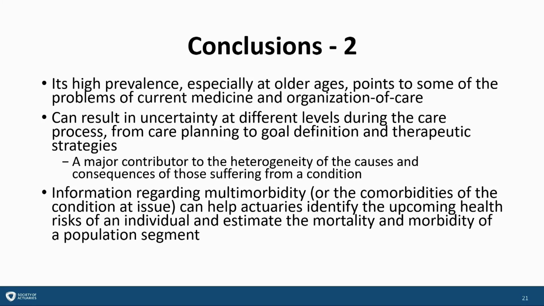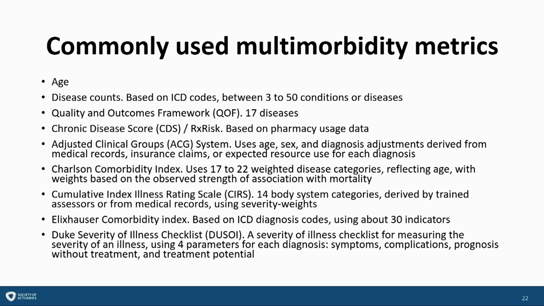But information regarding multimorbidities, I think, in the future can help actuaries identify the upcoming health risks of population segments. Here's just a listing of morbidity metrics that are used. Age, as you can see, is really important in terms of the accumulation of these conditions. Some of these are publicly available.